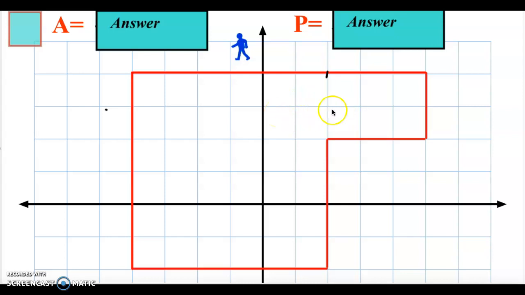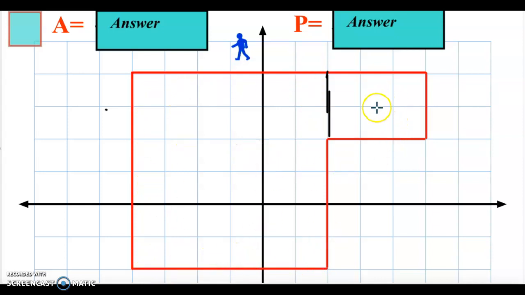The reason you're adding is because they're combined. This rectangle right here, if you draw this line, is separate. So this area obviously is 6. And this area would be 1, 2, 3, 4, 5, 6 times 1, 2, 3, 4, 5, 6. So this is a square, and the area of this is 36.